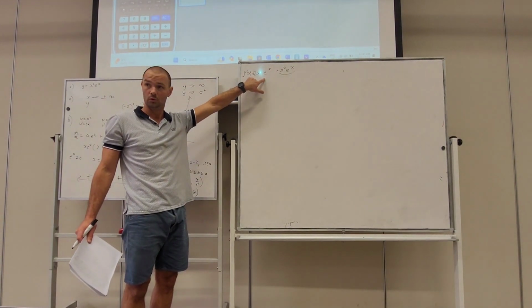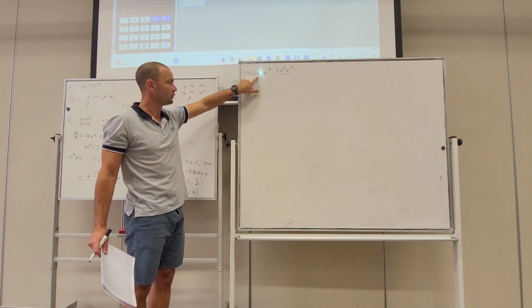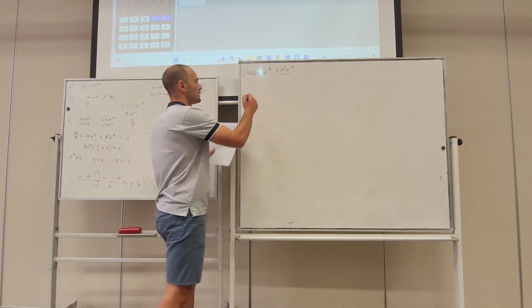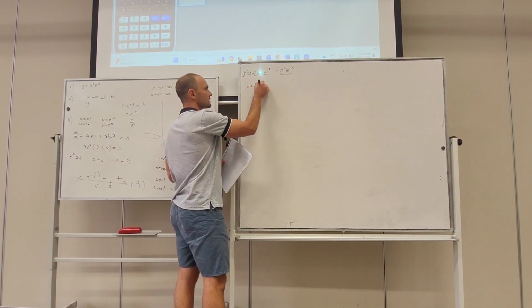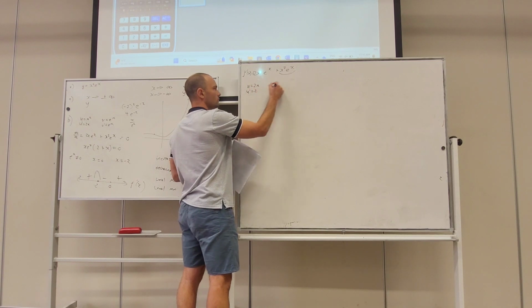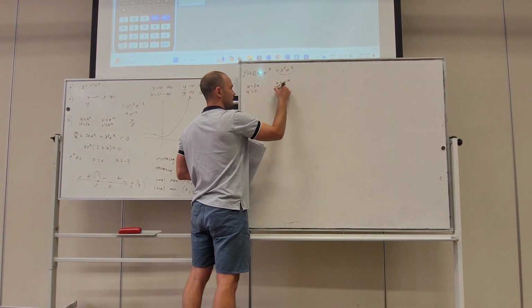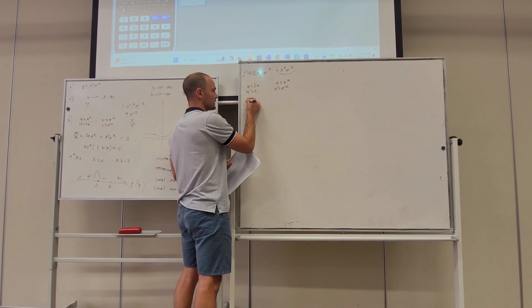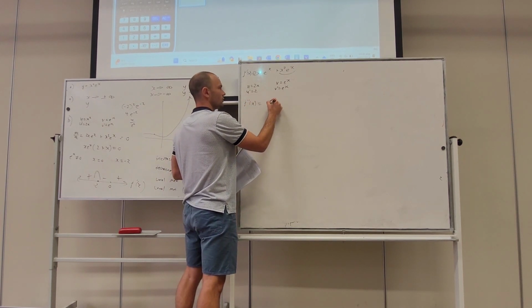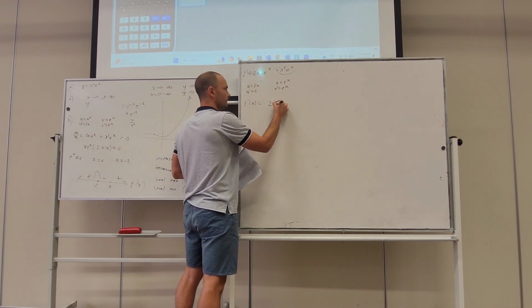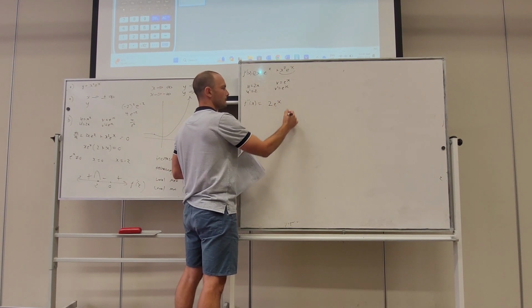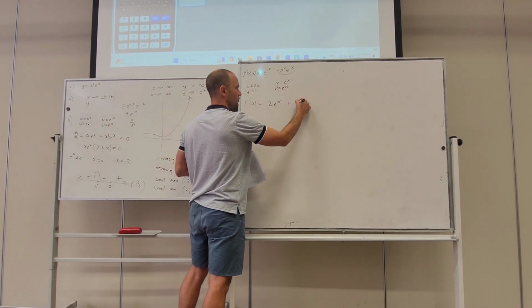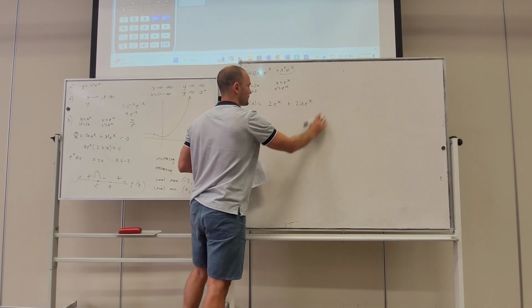And we're going to use the product rule, u times v. So u is 2x, u dash will be 2, v is e to the x, v dash is e to the x. So the second derivative then, u dash v plus u v dash.